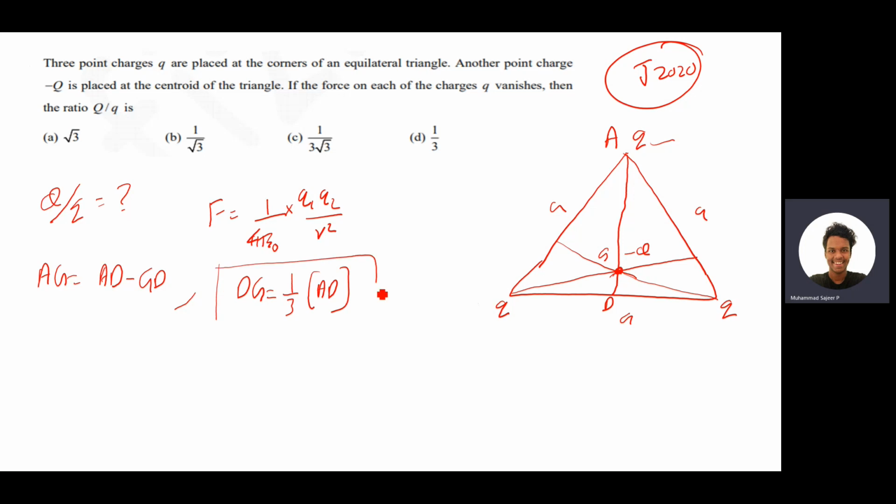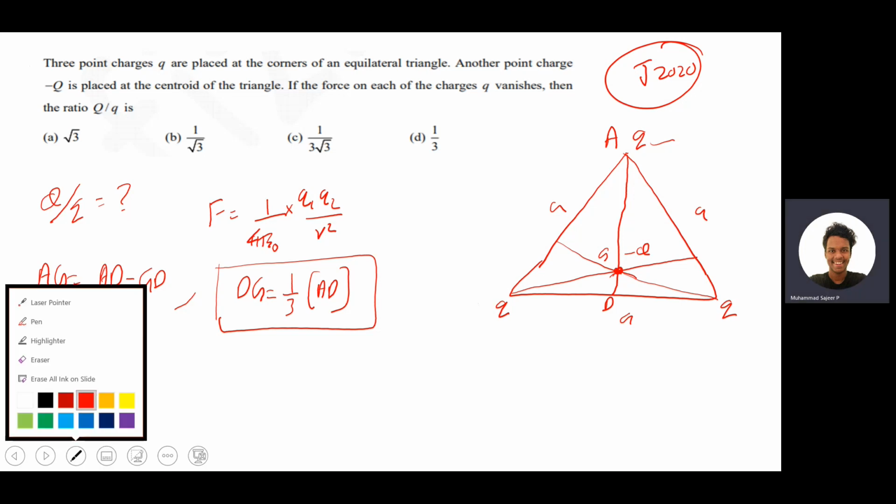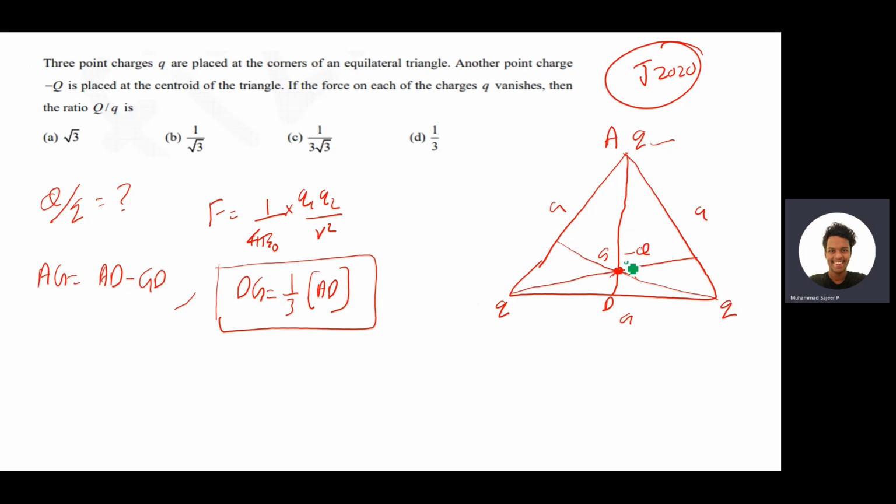The centroid length, this point, will be equal to 1 by 3 of the total length. That's the rule.